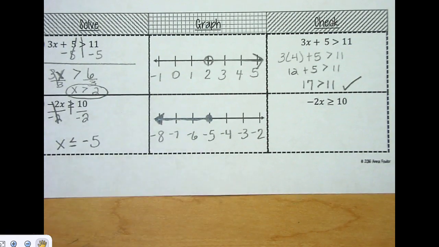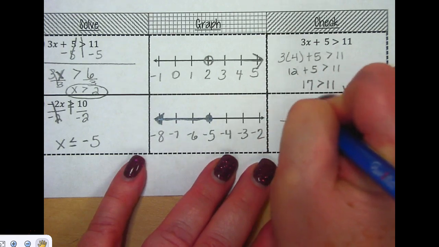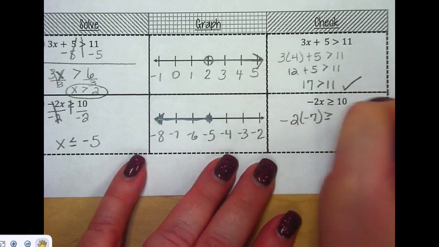Now we're going to check it. So, x is any number less than or equal to negative 5. What number do we want to use to substitute in for x? Negative 7? Okay, so let's say negative 2 times negative 7 is greater than or equal to 10.